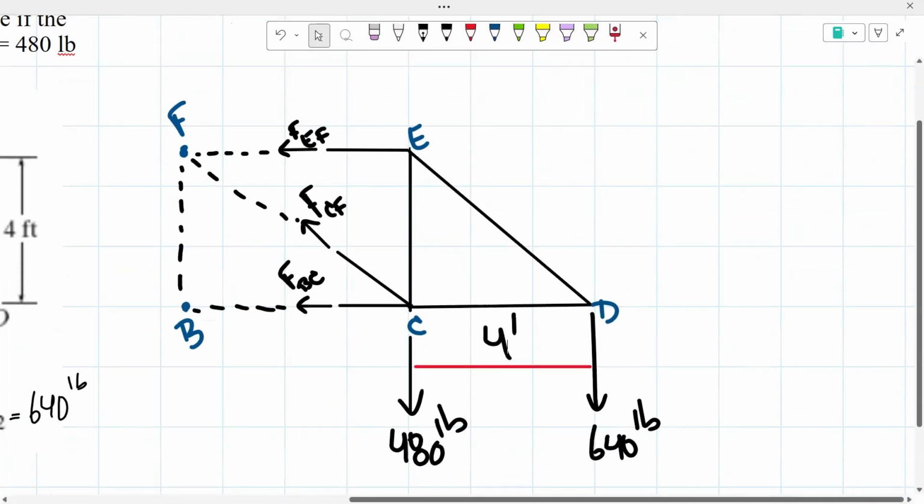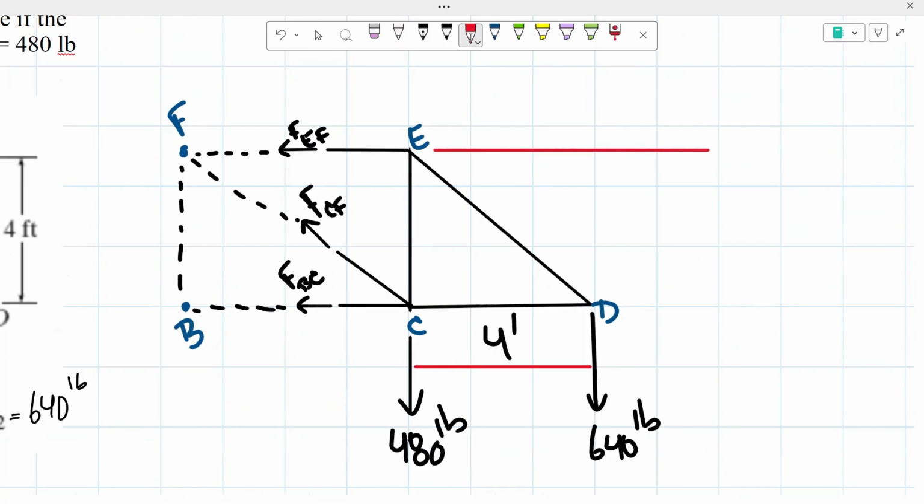And then we also know that from here to here, we also have a distance of 4 feet.